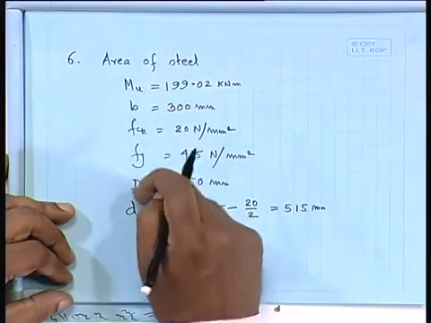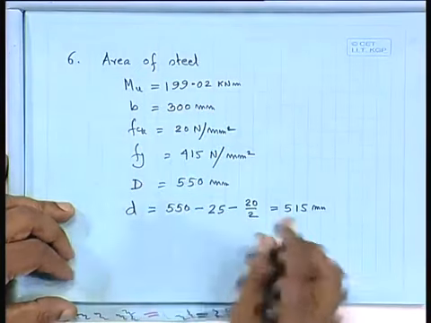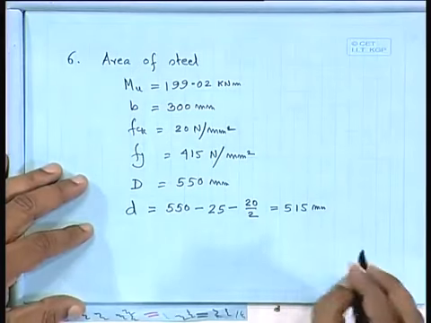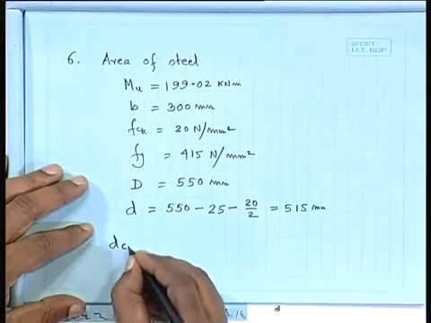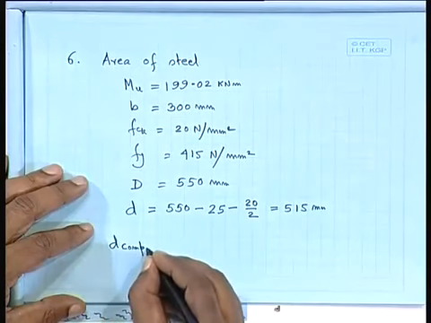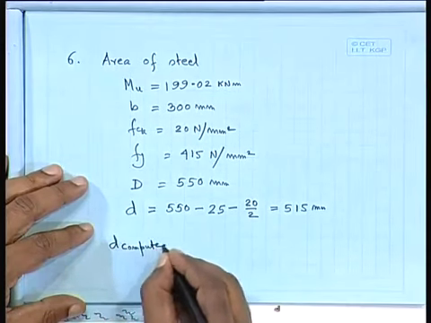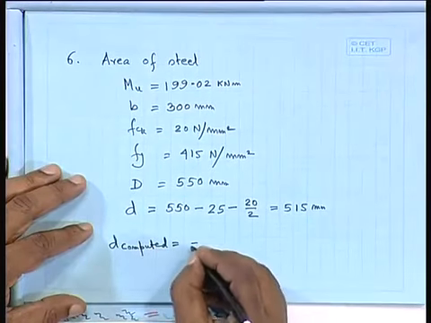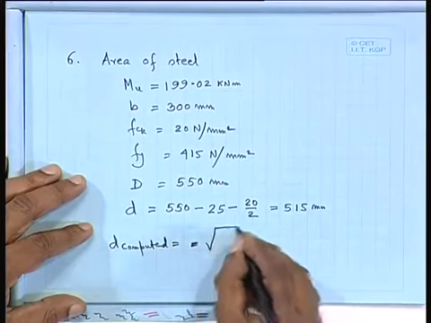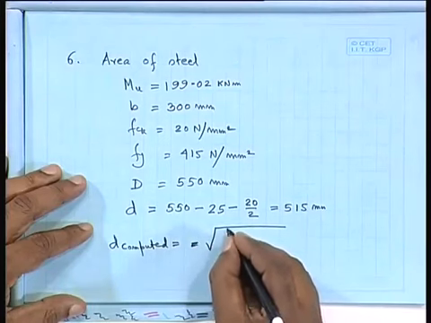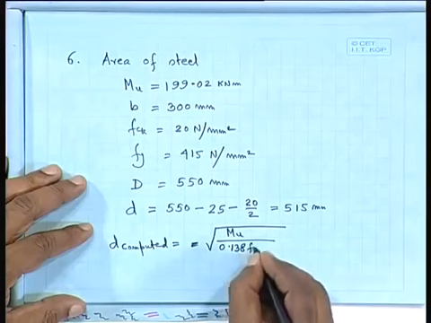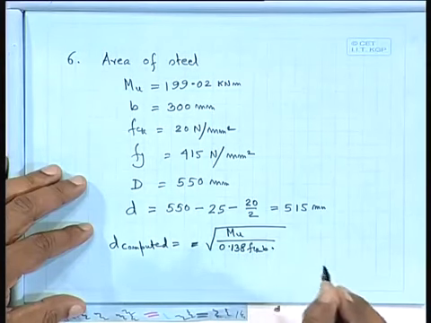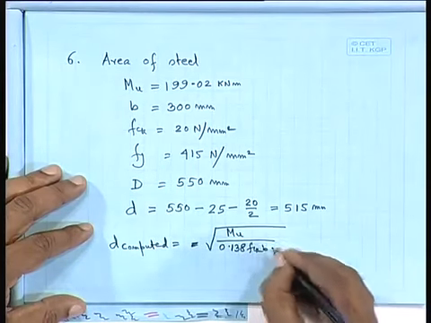So we know Mu, b, fck, fy, d, all of them we know. Let us find out d computed, the effective depth, that should be equal to root over Mu by 0.138 fck b.